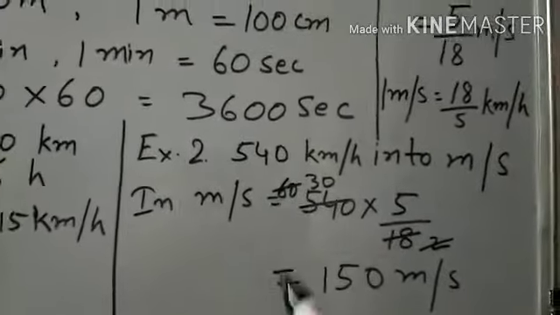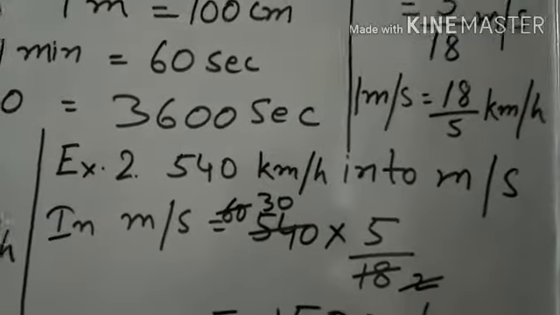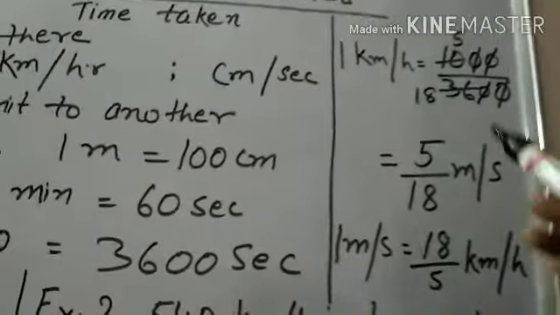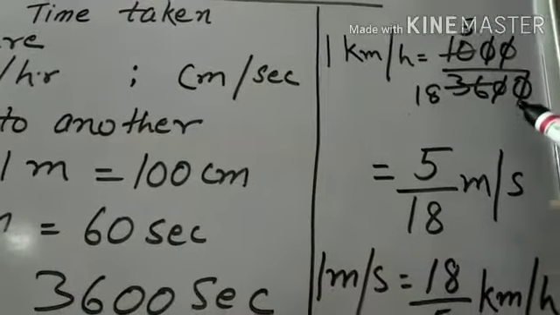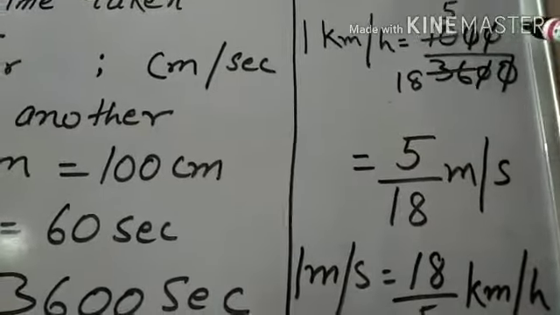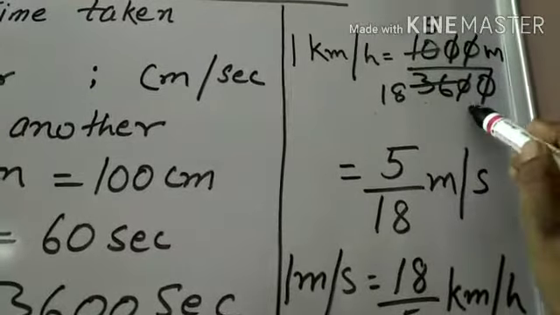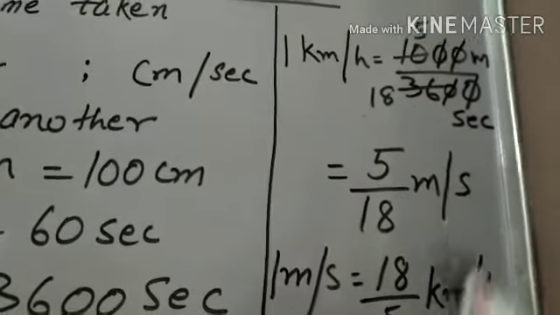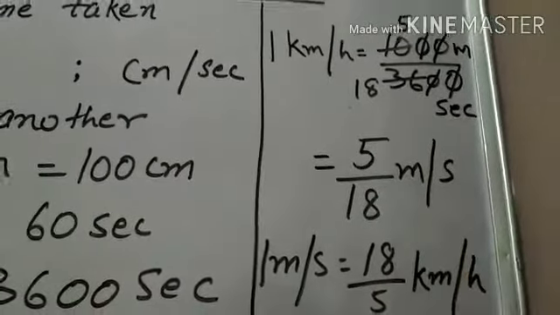The second example is 540 kilometer per hour into meter per second. For this, first we have to convert 1 kilometer per hour into meter per second. 1 kilometer is equal to 1000 meter and 1 hour is equal to 3600 seconds. So it will be 5 by 18 meter per second.